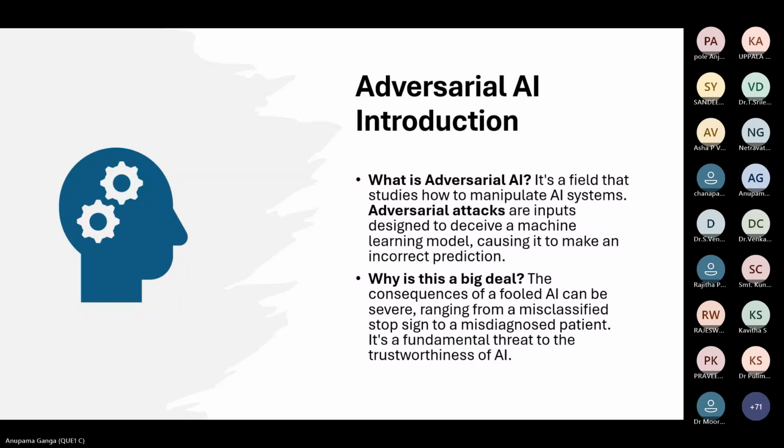So what will happen to the self-driving car? Just try to imagine. The self-driving car will think that it is a speed limit sign, and it will go as per that speed. It will not stop. Obviously that will result in an accident. And it is not just one accident, but the entire trust goes.